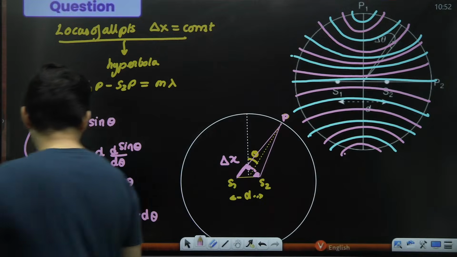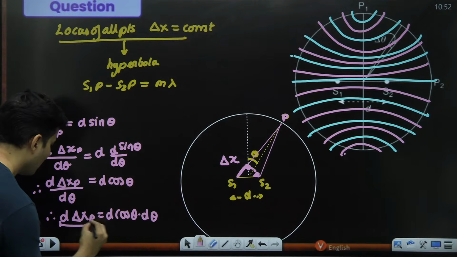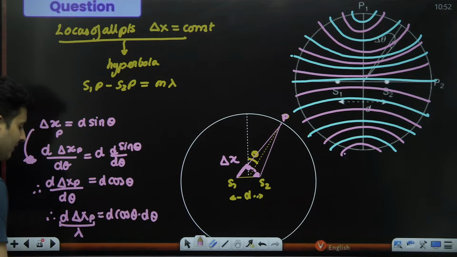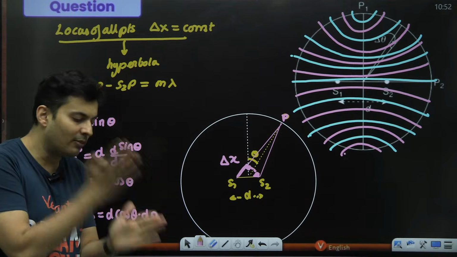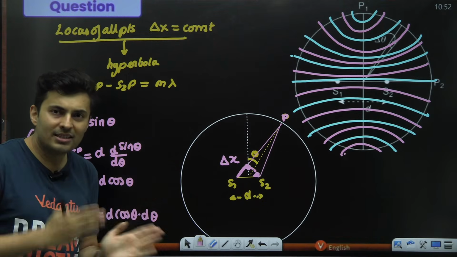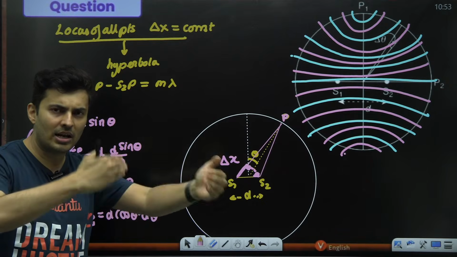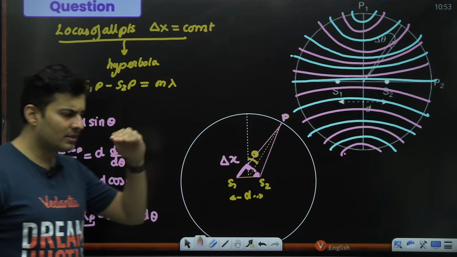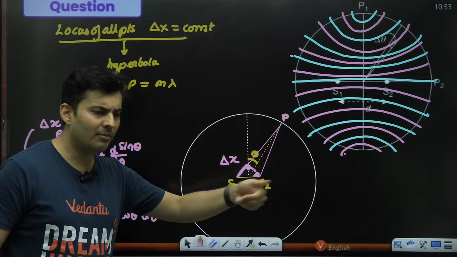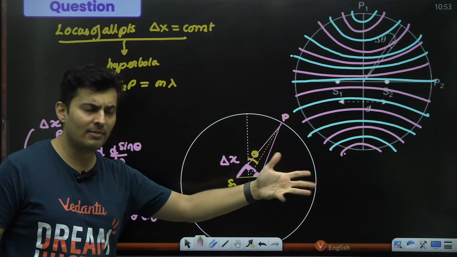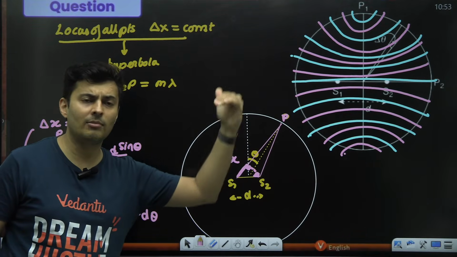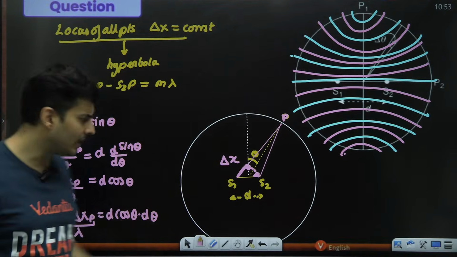this particular thing, won't it be lambda, guys? Won't it be lambda? Because you are looking from one fringe to the next fringe. Always the path difference will change by lambda, always. Whether it is from 3 lambda by 2 to 5 lambda by 2, 5 lambda by 2 to 7 lambda by 2, or from 7 lambda to 8 lambda to 9 lambda to 10 lambda, like that.